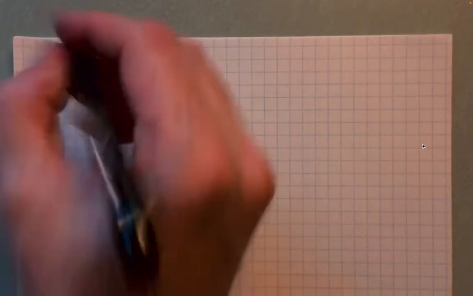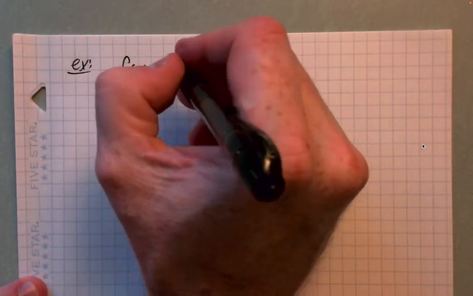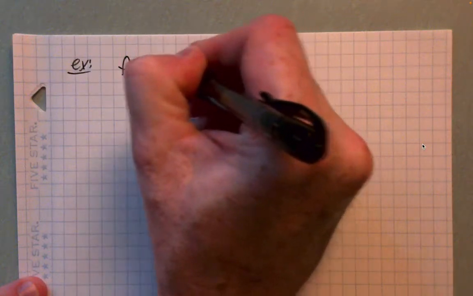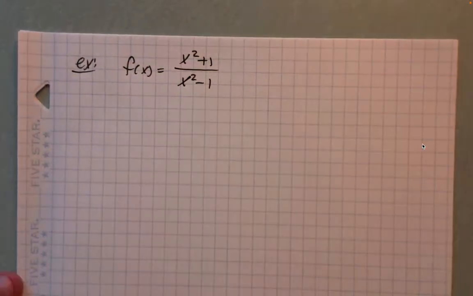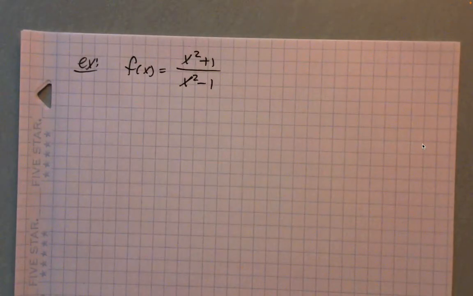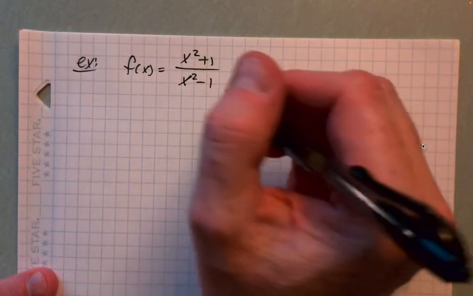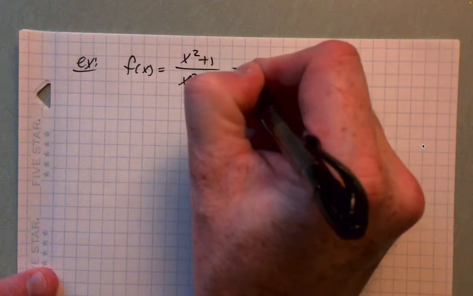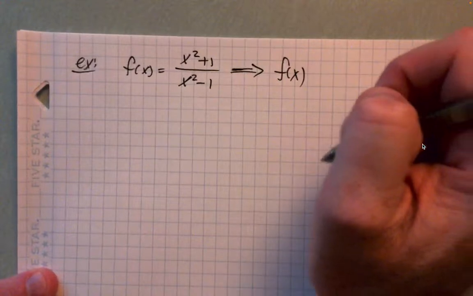Another example. This one is slightly more interesting, I think. So f of x equals x squared plus 1 over x squared minus 1. So this is a nice function. Now we can do something here. Let's notice that denominator. We can factor that apart, can't we?